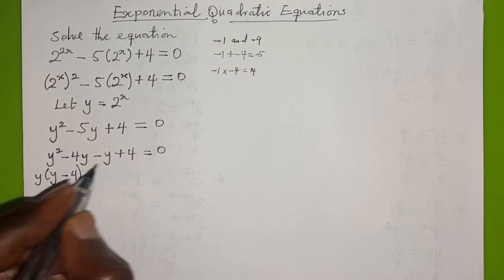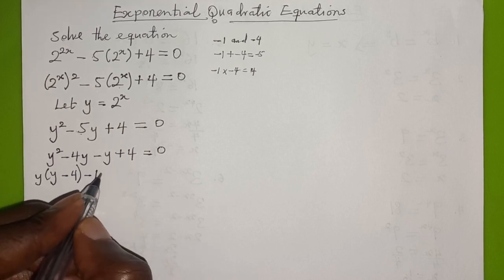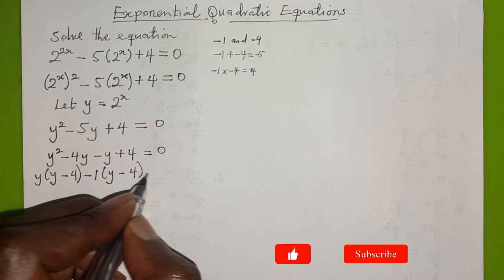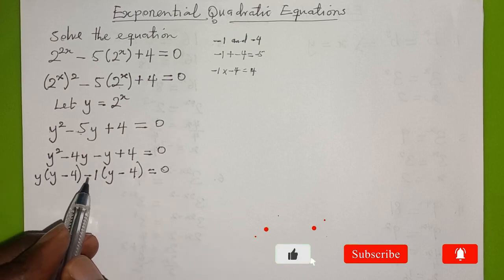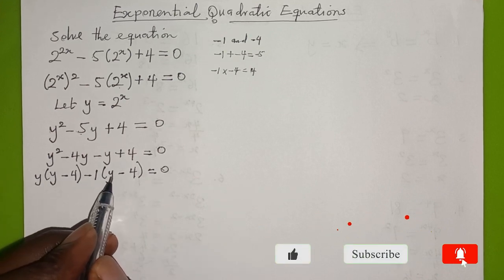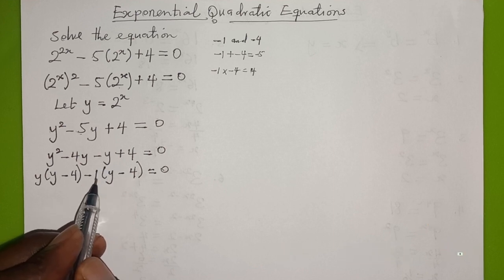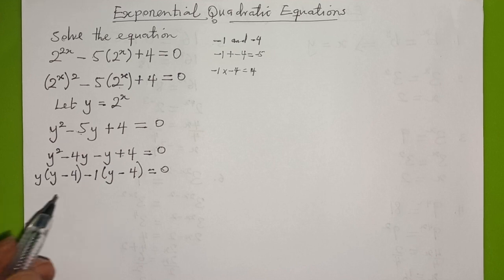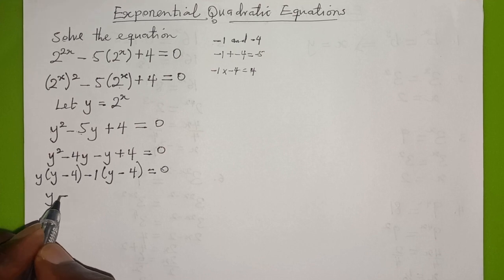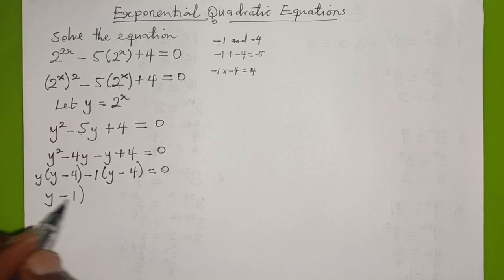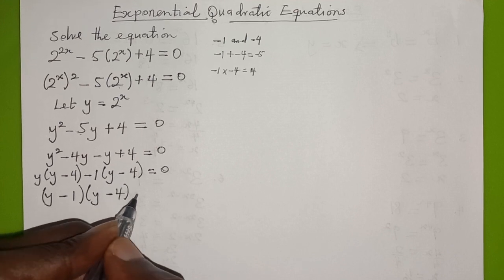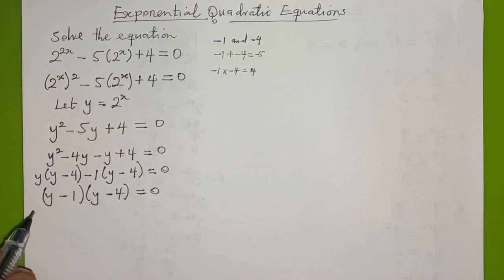At this side, what is common is 1 out, y minus 4 is equal to 0. Negative 1 times y will be negative y. Negative 1 times negative 4 will be positive 4. All right. So let's group them now. This will become y minus 1, y minus 4 is equal to 0.